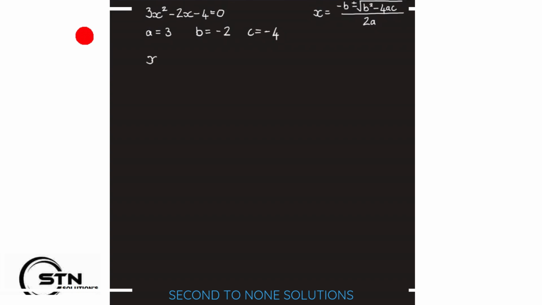So now we substitute those into the equation where we say that b is -2, and it's plus or minus the square root of -2 squared minus 4 times 3 times -4, over 2 times a, which is 3. Now at this point you use your calculator immediately. You don't try and do this in your head, that's just silly.